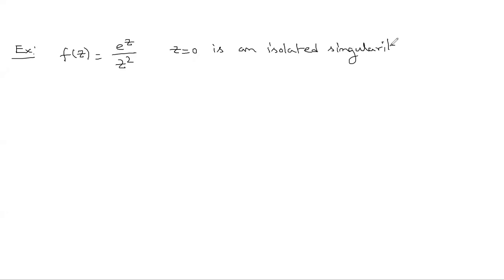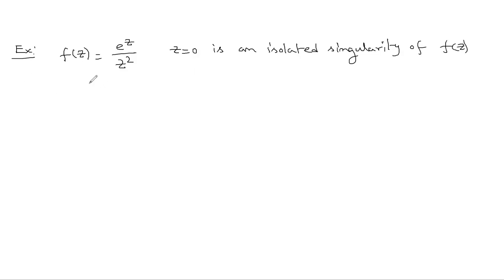Let us solve some examples. Let f(z) equal to e power z by z square. So what are the singularities of the function f(z)? Here, if we equate the denominator to 0, we get z equal to 0 is an isolated singularity of f(z).